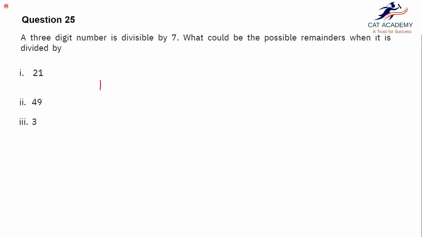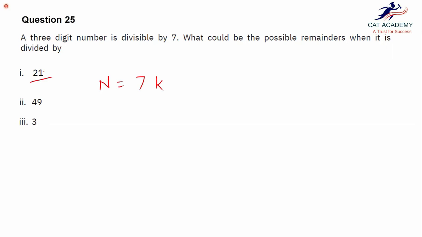So what they have told me is n is equal to 7. A 3-digit number is exactly divisible by 7. So let me say it is 7k. Right? Let's say the number is 7k. Now I have to divide the number by 21.